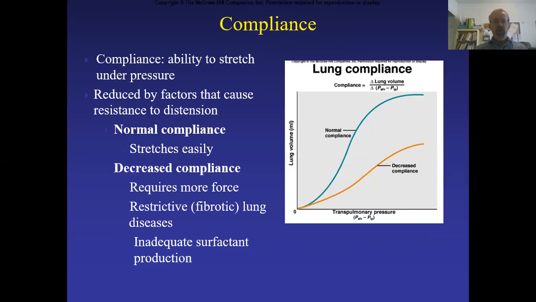All right, so what do we know about compliance? Compliance is the ability to stretch under pressure. And compliance is greatly reduced by factors that cause resistance to distension or stretching. For example, if someone has what's called black lung or pulmonary fibrosis, there's a lot of scarring.